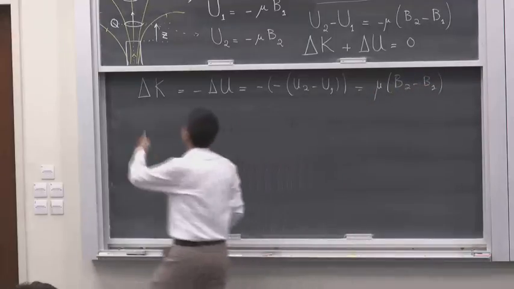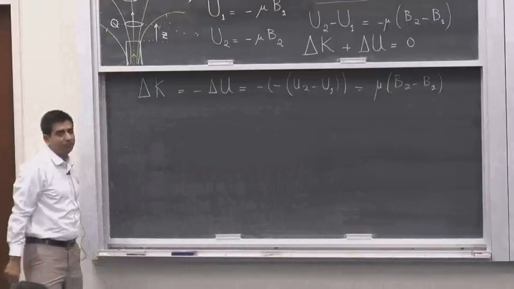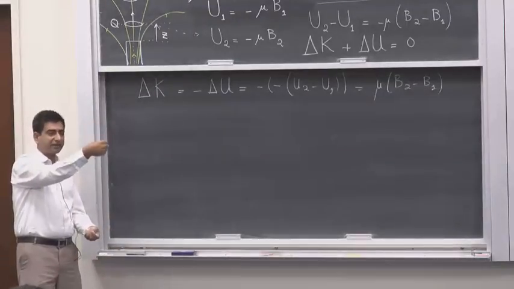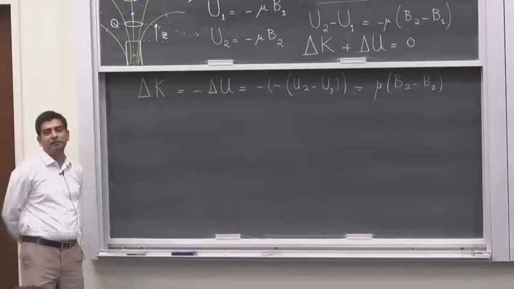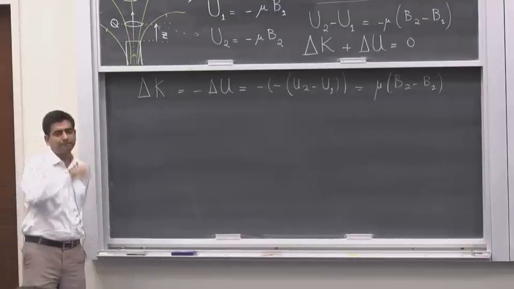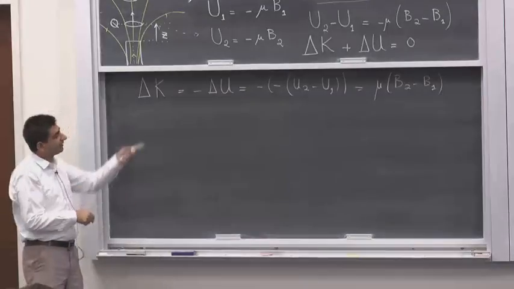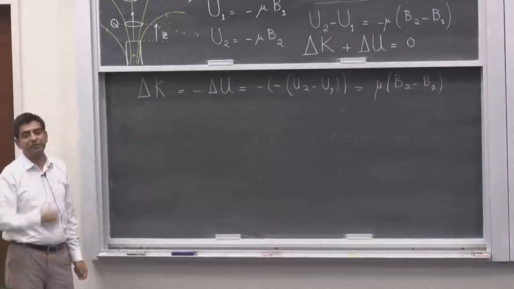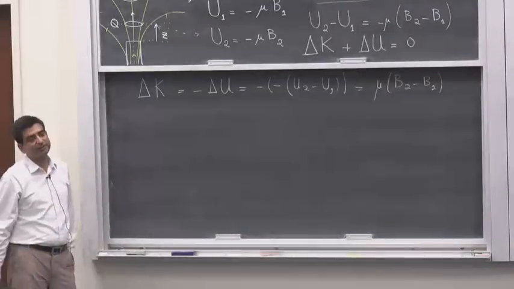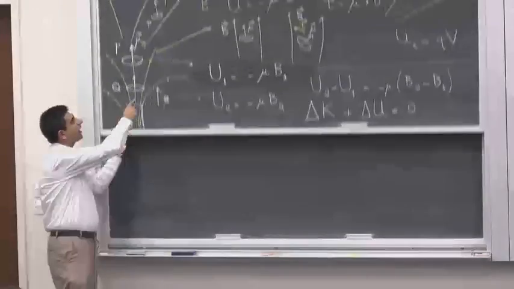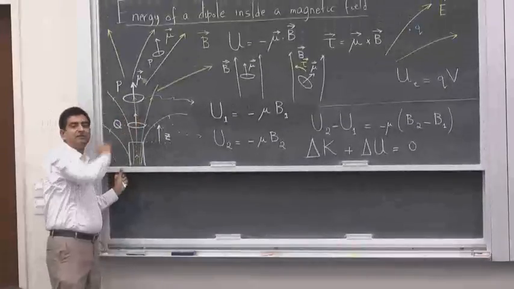So as this dipole shifts from point P to Q, you leave the dipole at point P, it just is attracted towards the bar magnet. It lowers its potential energy in the process and increases its kinetic energy with the corresponding amount, because energy has to be conserved. So this bar magnet will attract this dipole towards itself.